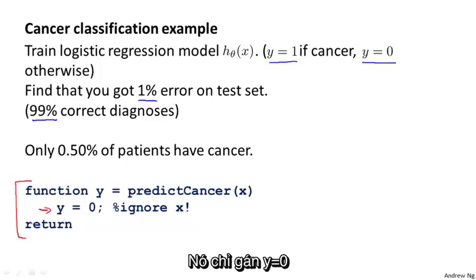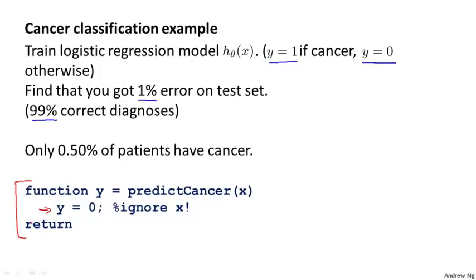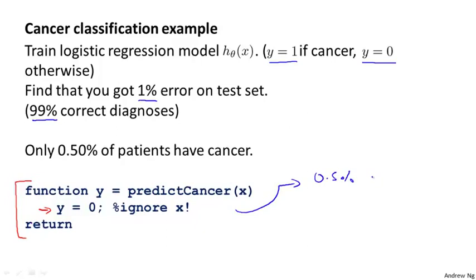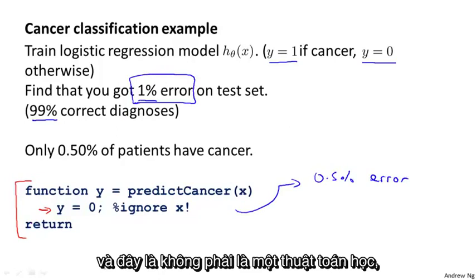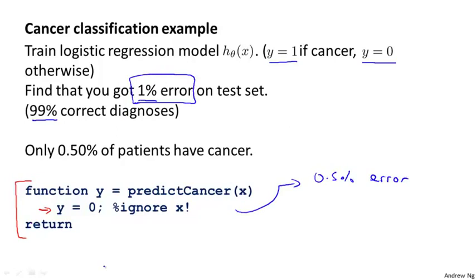It just sets y equals 0 and always predicts nobody has cancer. This algorithm would actually get 0.5% error, which is even better than the 1% error that we're getting just now. And this is a non-learning algorithm that's just predicting y equals 0 all the time.